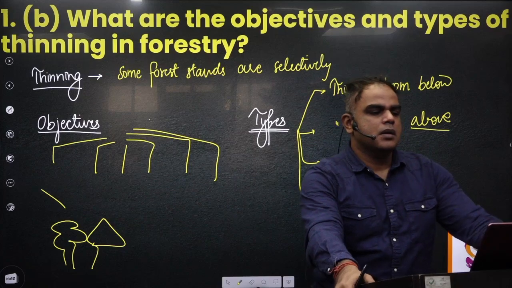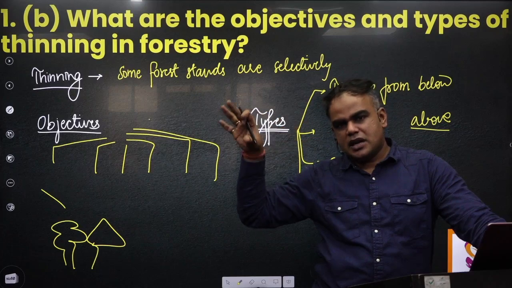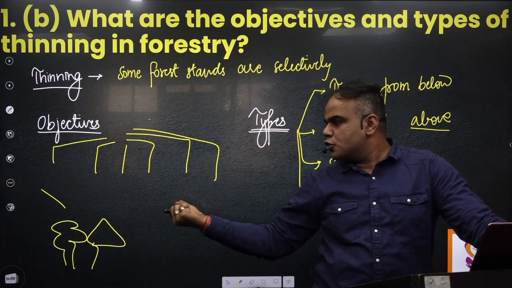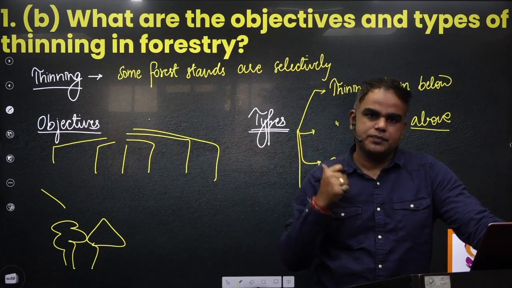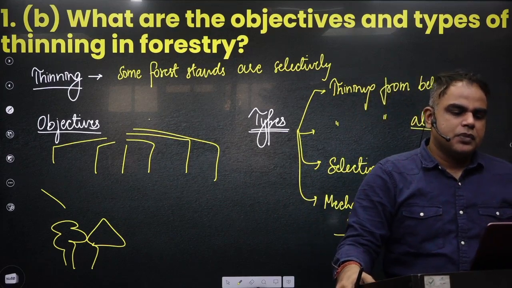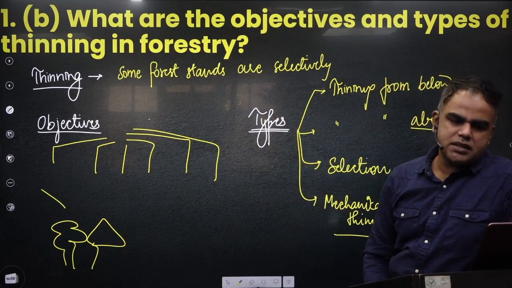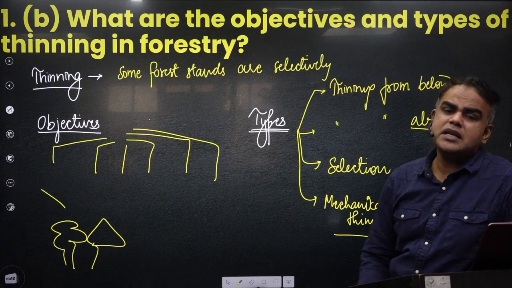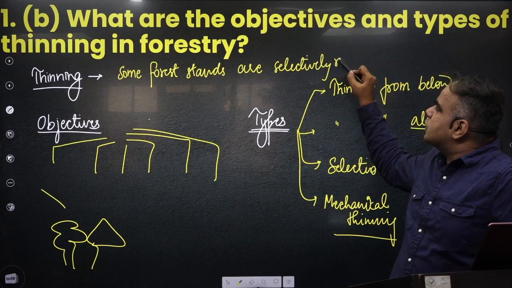And additionally, for the diseased strands, we will try to cut them down, thin them down. What this helps in is that overall the stand which you get is healthier in nature. So here just one thing we can write: thinning is a practice wherein some forest stands, or we can even say some trees in forest stands, are selectively removed.